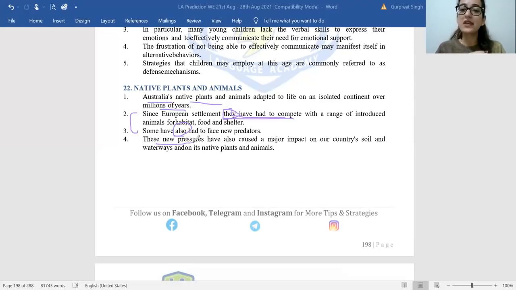One is this problem, second is this problem, and then you change the topic to: these problems have also caused a major impact on the country's soil and waterways and on its native plants and animals. So these new pressures would refer to both of the problems in 2 and 3. And who will they be? They will be the plants and animals. So we had the nouns given in the first one. Right, an easy one.